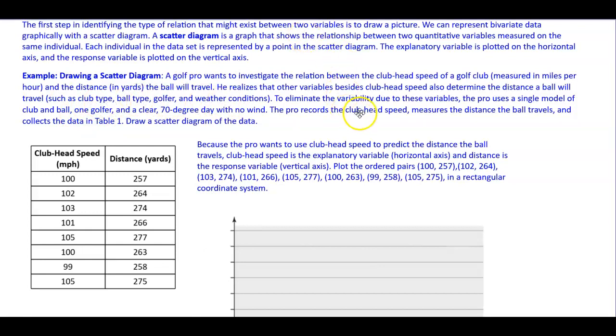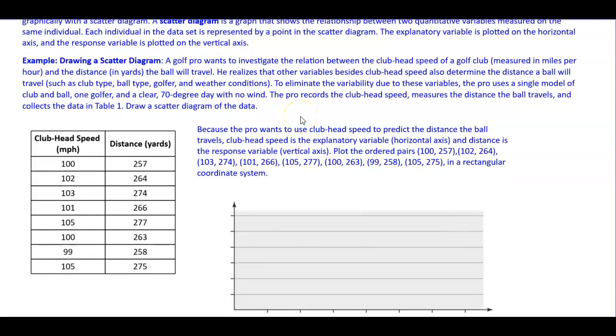To eliminate the variability due to these variables, the pro uses a single model of club and ball, one golfer, and a clear 70-degree day with no wind. The pro records the club head speed, measures the distance the ball travels, and collects the data as you can see here in Table 1.